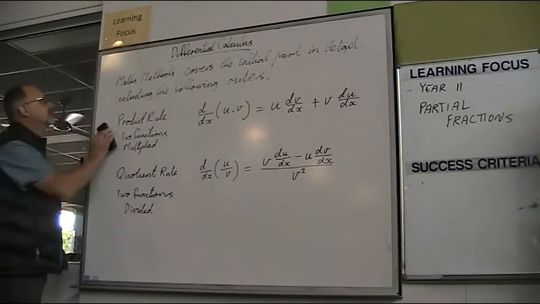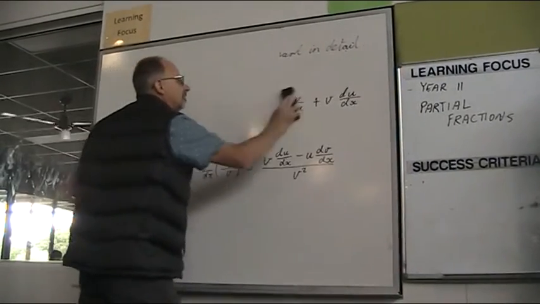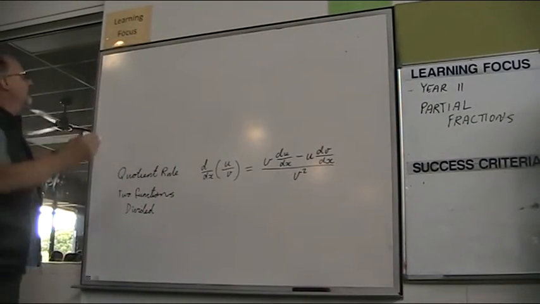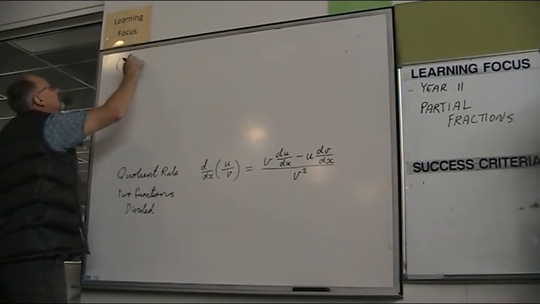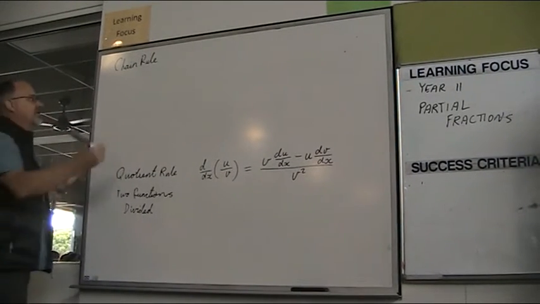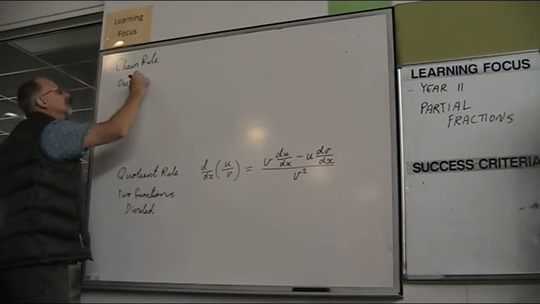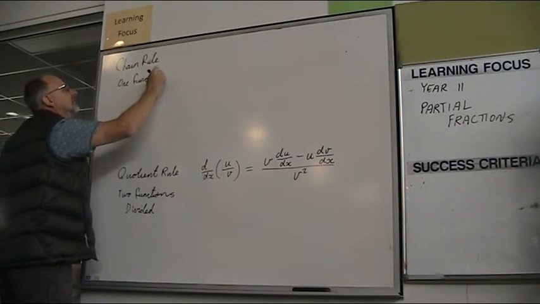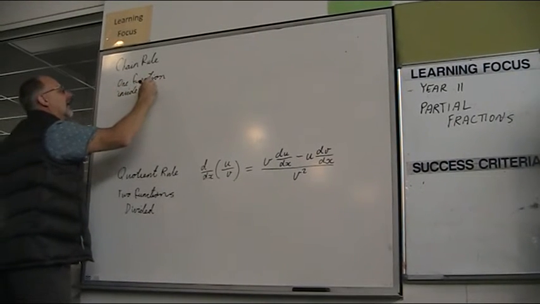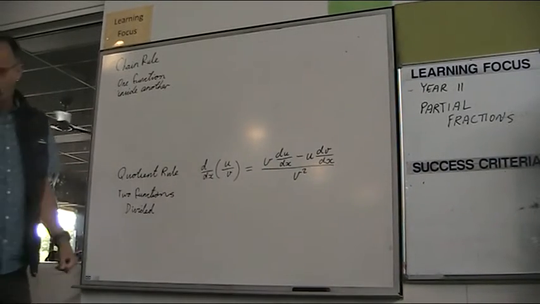All right, the third rule that we're going to use is called the chain rule. We use that when we have one function inside another, like f of g.